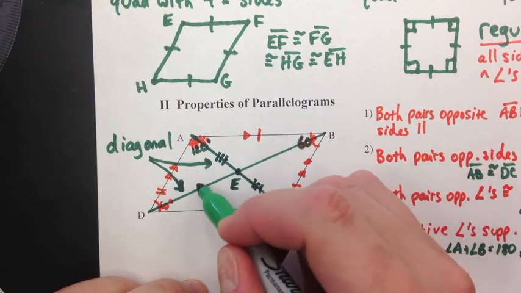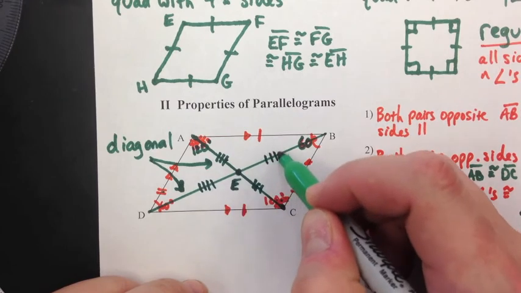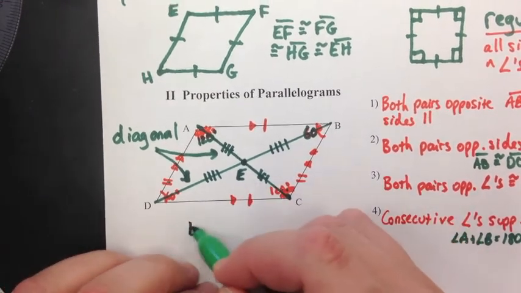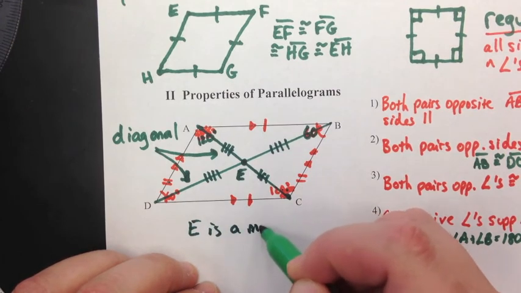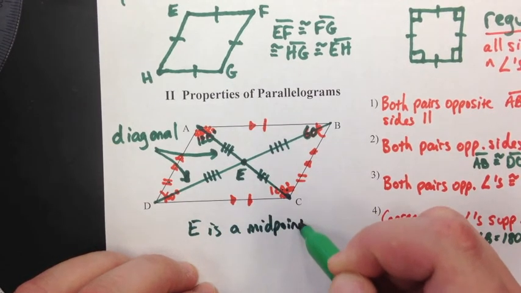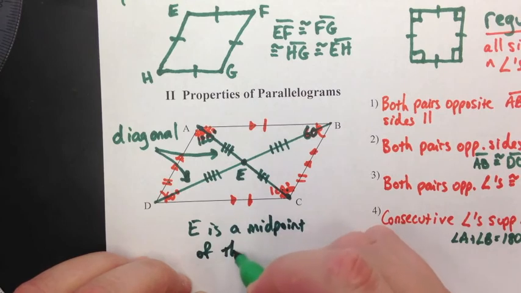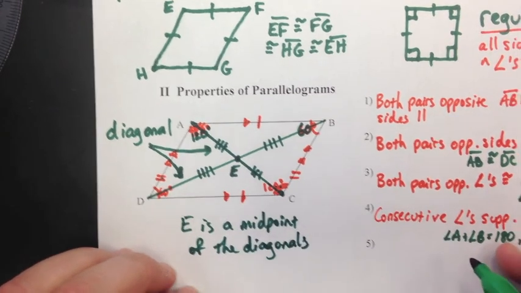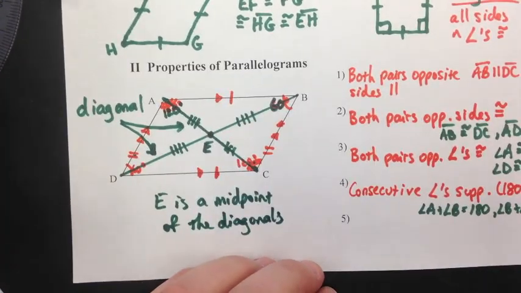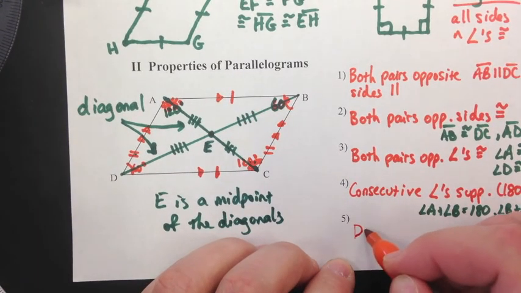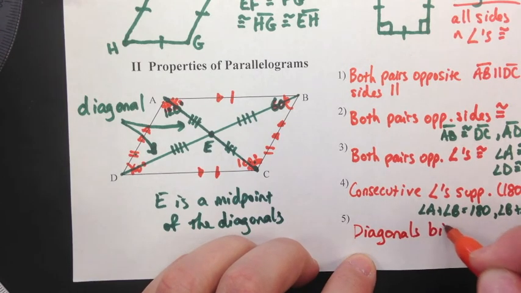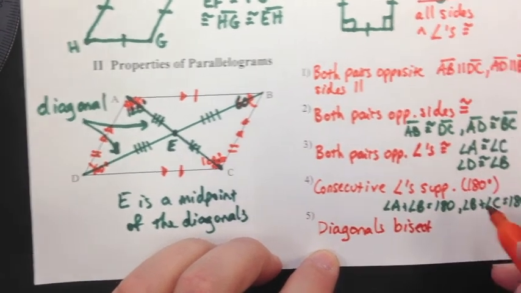These pieces are the same, and then these pieces are the same. And if they cut each other in half, that means E is a midpoint of the diagonals. The other way we say this is property number 5, the diagonals bisect each other. Bisect means cut in half.